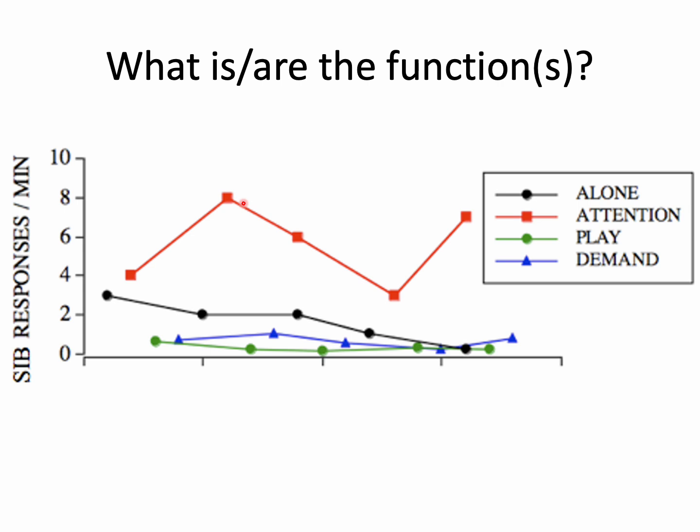Basically, within each functional analysis condition, we have to set up some SDs to signal to that client or participant what exactly they can expect in that condition. Otherwise, it can be very difficult for them to differentiate between what's going on. And so that's why we see that these different data paths drop, and then we see that it continues to occur consistently across the attention condition.